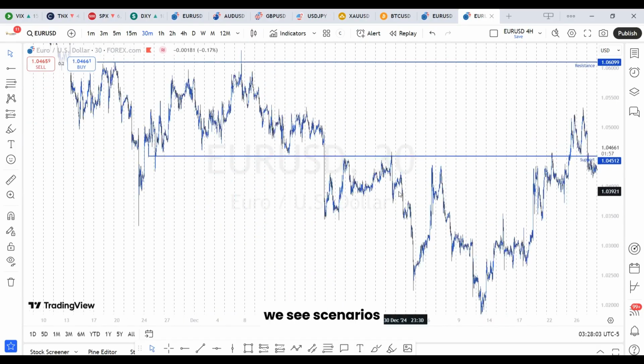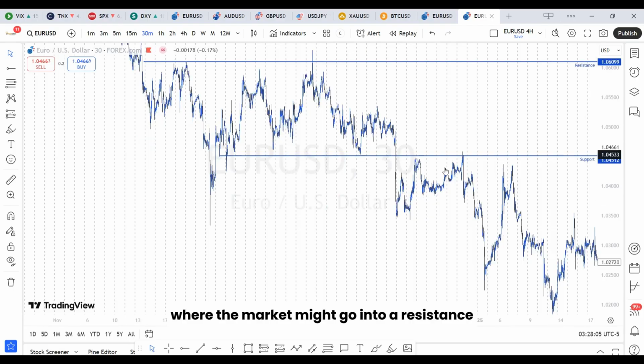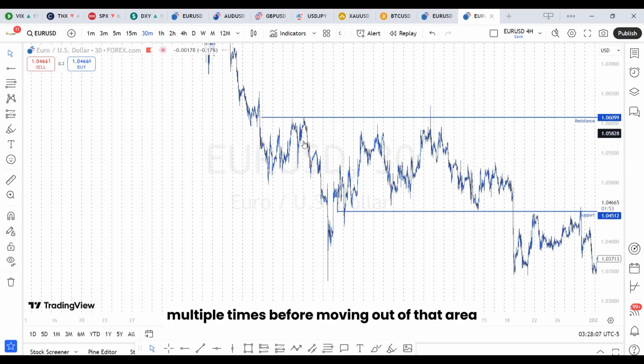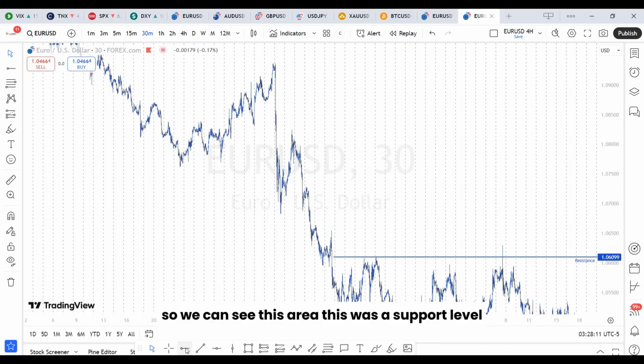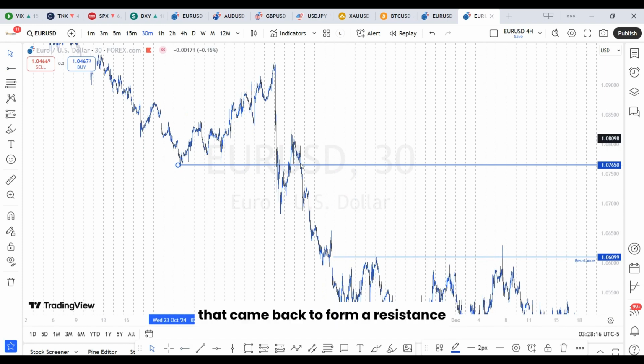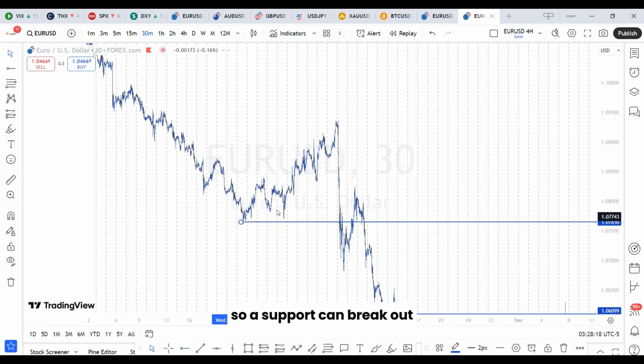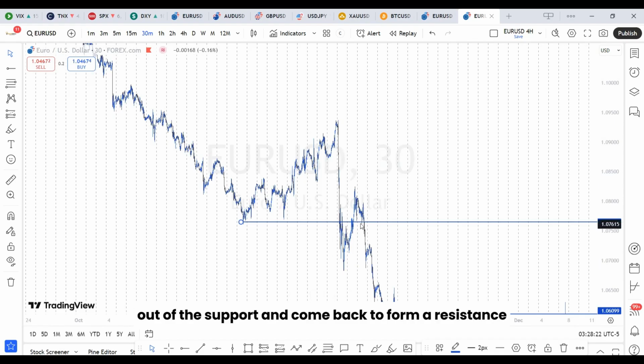So we see scenarios where the market might go into a resistance or a support multiple times before moving out of that area. We can see this area was a support level that came back to form a resistance. So a support can break out and come back to form a resistance, and the market might continue moving from there.